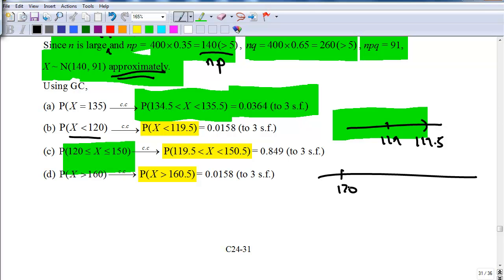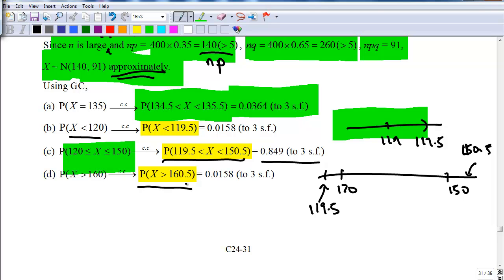Your 120 is here, your 150 is here. I need everything bigger than 119.5 and everything less than 150.5. So that's how I get this. Then again, just press GC, get answer. For X bigger than 160, continuity correction will change this to X bigger than 160.5. Alright, and press GC, get answer. See, it's a simple thing, right?